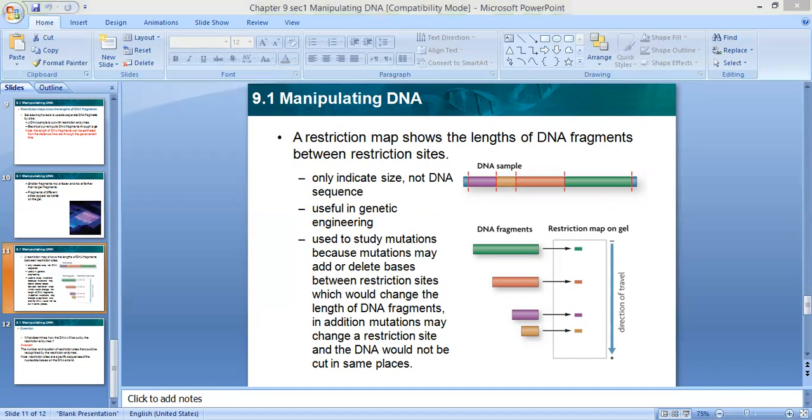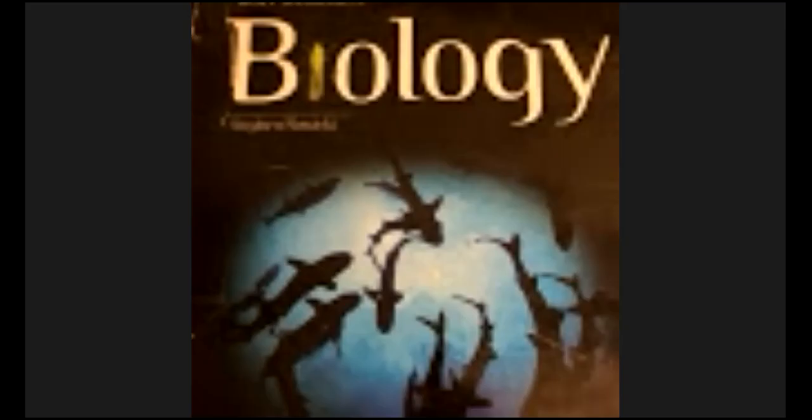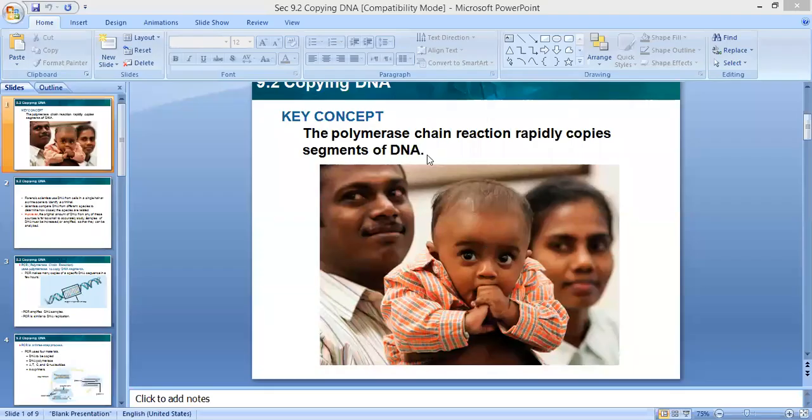Now let's go to section 2 in chapter 9, which is talking about copying DNA. We learned that DNA replication happens normally in each cell.